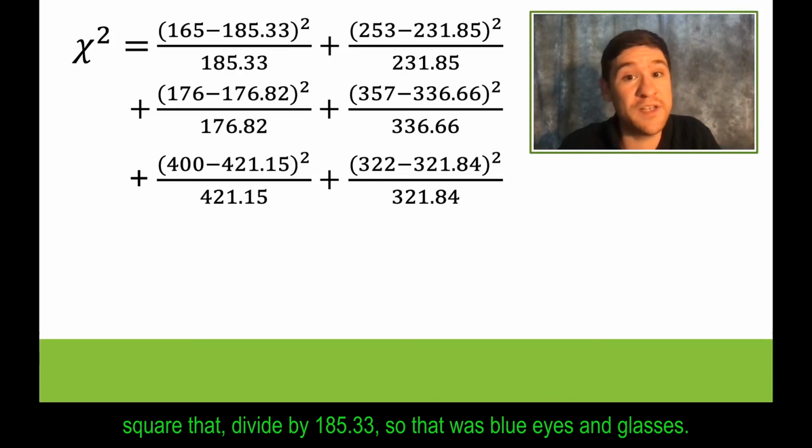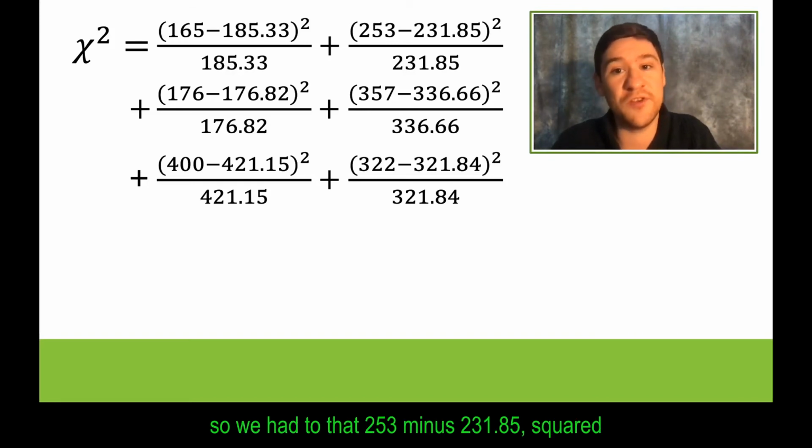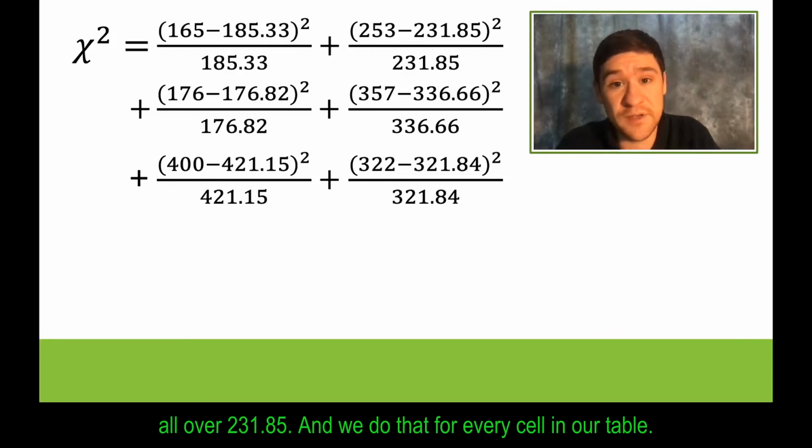So that was blue eyes and glasses. The next cell, which was green eyes and glasses, so we'd add to that 253 minus 231.85 squared, all over 231.85. And we do that for every cell in our table.